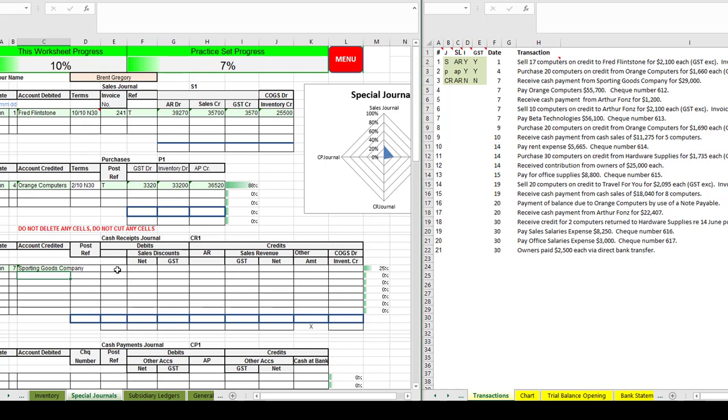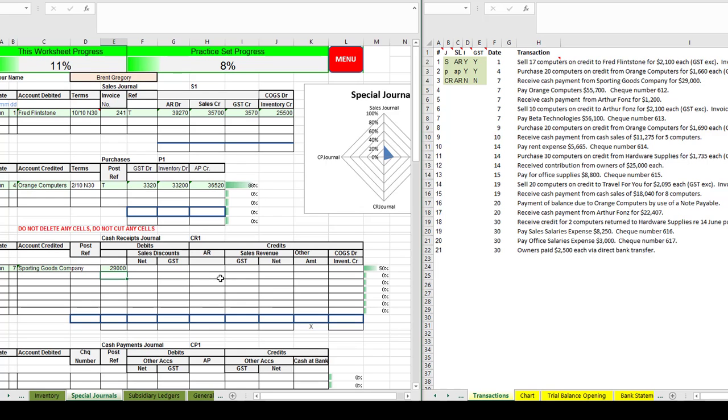This is the cash receipts journal, so we need to find where it says bank, and that's going to be the very first column, which is bank, and we're going to receive 29,000 of cash. Now, what does that relate to?